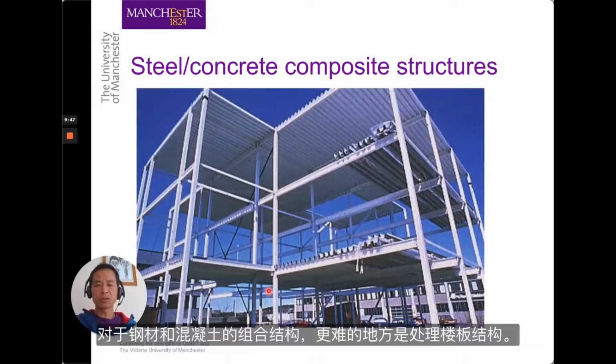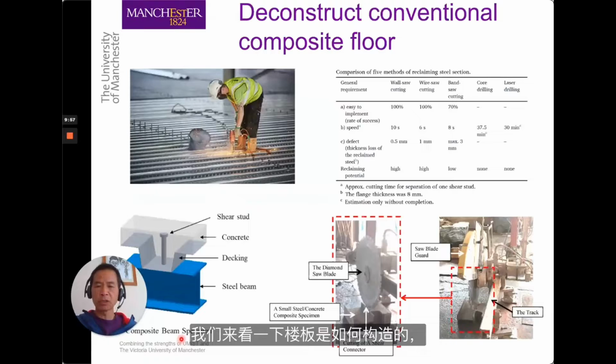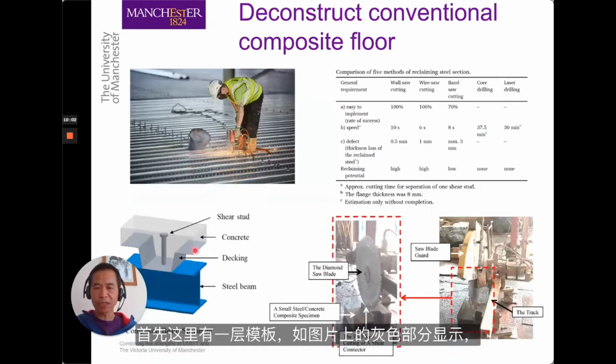For composite construction between steel and concrete, the difficulty is more in dealing with the floor construction. If we look at how the floor is constructed, we have a decking, which is shown here by this gray picture.